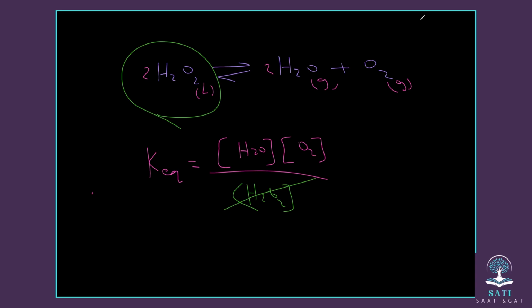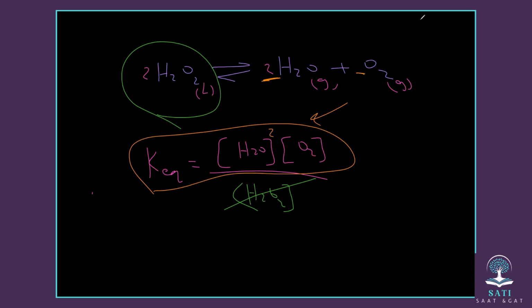There is no need to use it in the equilibrium constant as long as it is liquid or solid. We only use gases. So this one will be the equilibrium constant, but we still have to write the power. What is the power here? It is 2, so we write 2 here. What is the power here? It is 1, so we don't need to write it. So this will be the answer for the equilibrium constant.